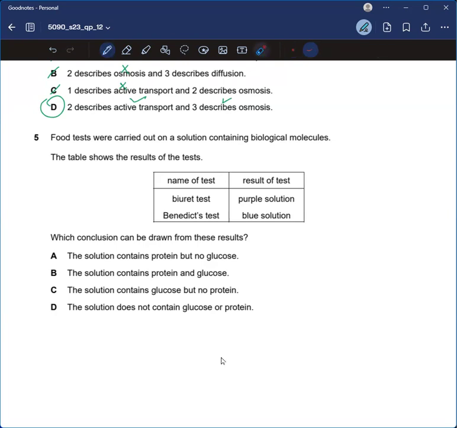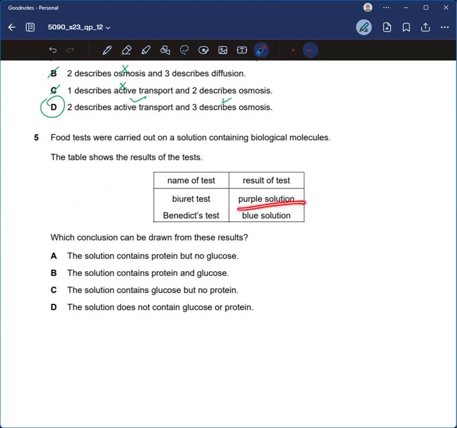So let me tell you first that Biuret test is used to check the presence of protein, and Benedict's test is used to check the presence of reducing sugar.